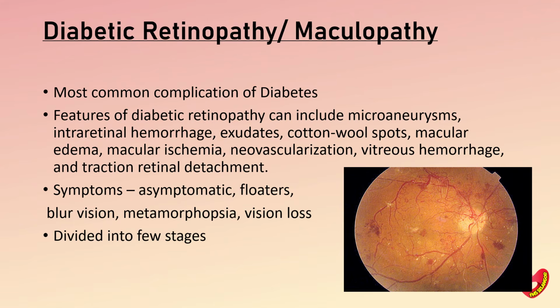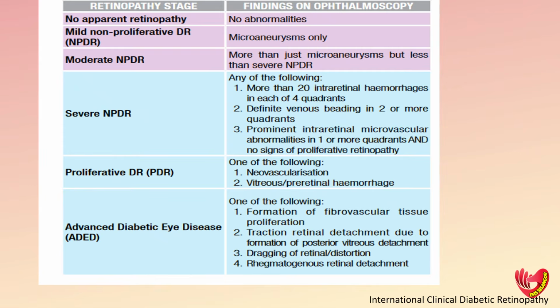Diabetic retinopathy is divided into a few stages. Non-proliferative retinopathy is further divided into mild, moderate, and severe retinopathy based on the severity of lesions seen in ophthalmoscopy or fundus camera.